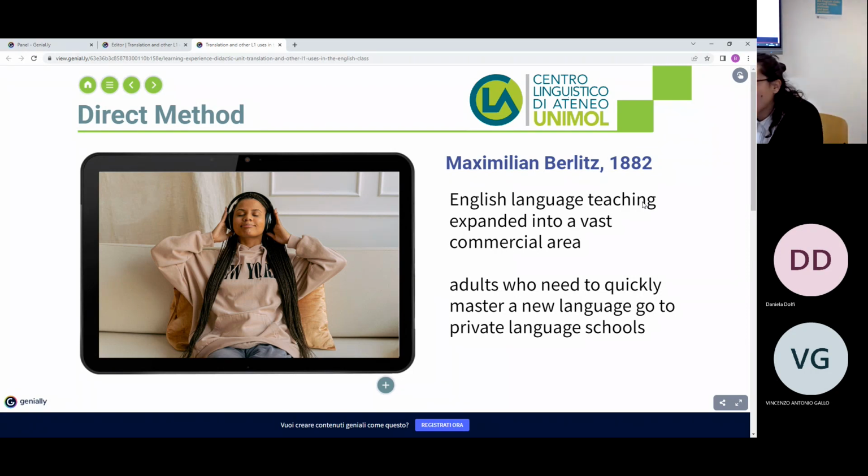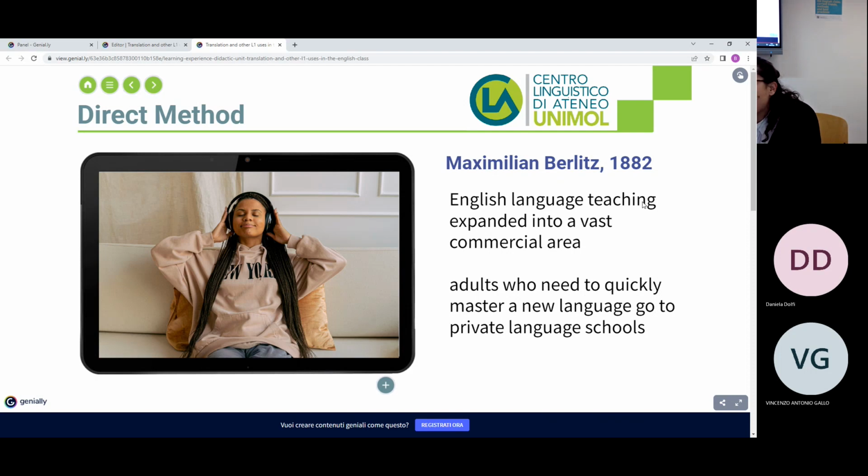Whereas before English was taught at school, in this case, do you think that the Berlitz schools would target younger students, or would they target adults?